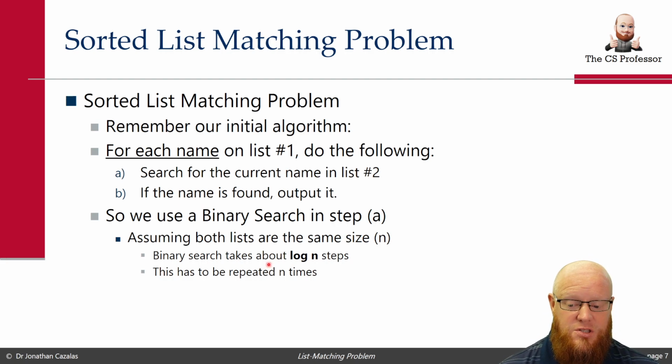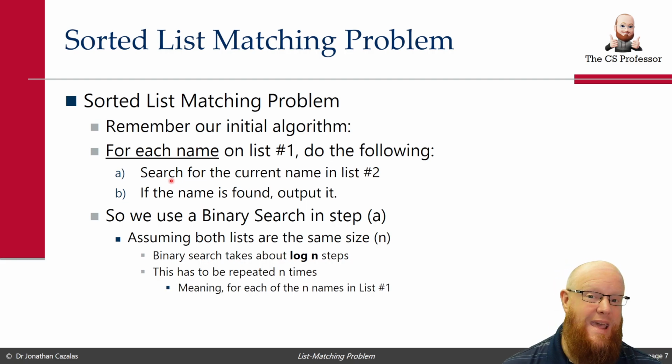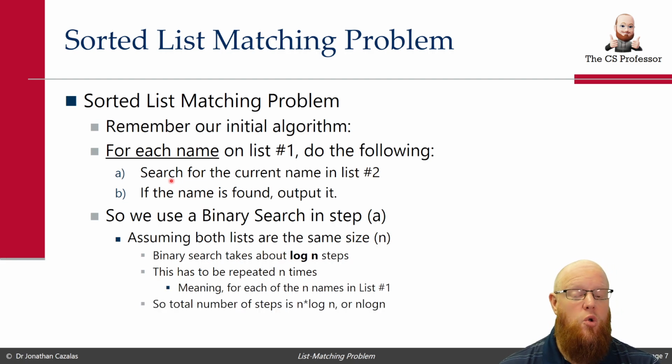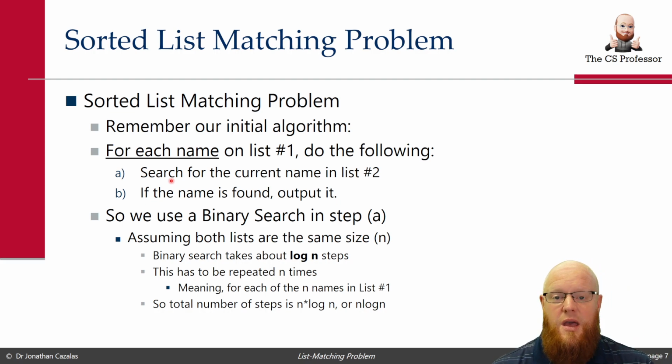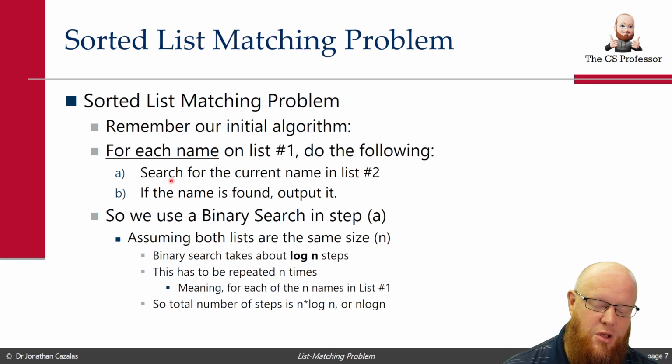So with this binary search, step A really takes log n steps, but we now have to repeat that step A n times for each and every name in list 1. So the total number of steps is now, instead of n times n, where the second n was all of the linear search, now we have n times log of n.